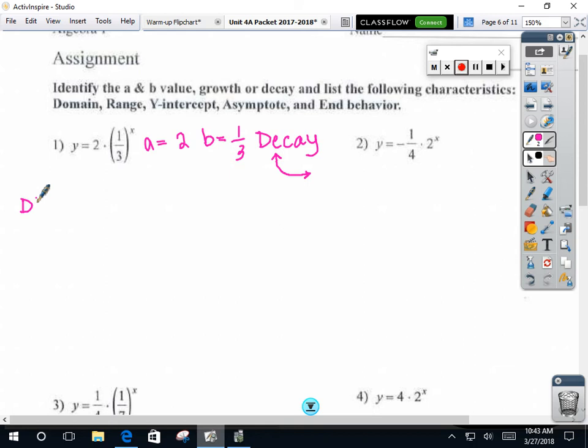So just write out D for domain, R for range, y-intercept, asymptote, and EB for end behavior. Go ahead and write those out.